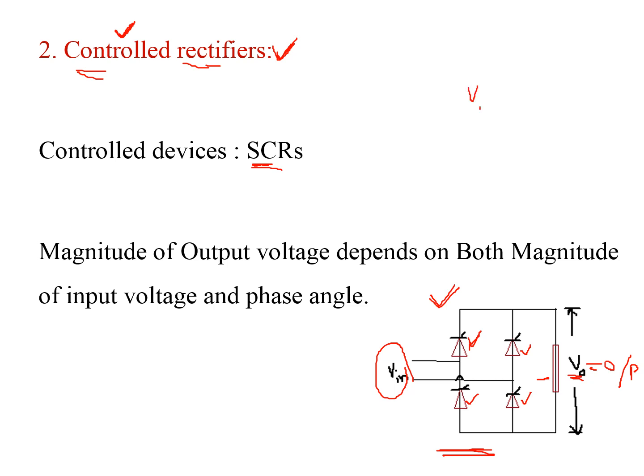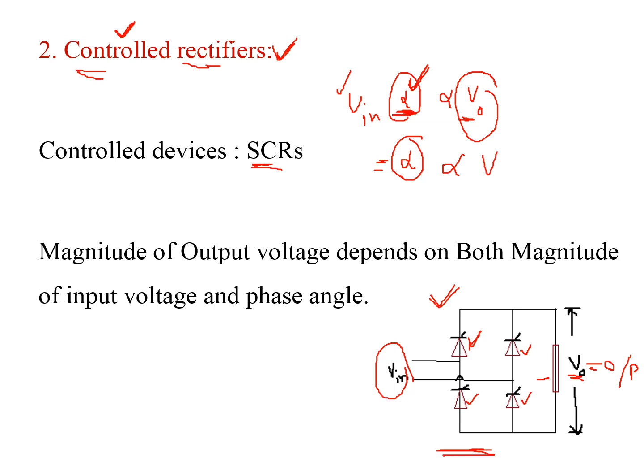In this type of rectifier, the magnitude of output voltage depends upon the magnitude of input voltage as well as the firing angle, that is, the phase angle of the input. This phase angle of the input voltage is denoted as alpha. By varying or controlling alpha, we can control the output voltage.